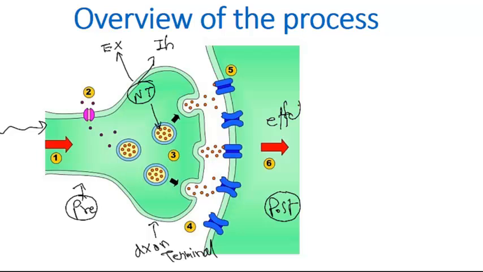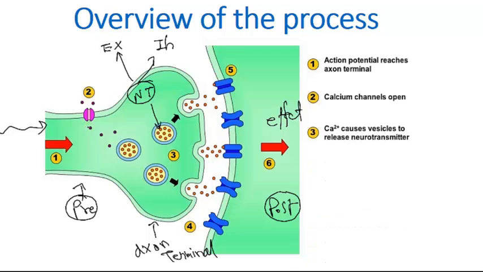That will cause the ultimate effect. The series of events simply starts with the action potential generation, and it reaches the axon terminal. Second, the calcium channels open. Third, once calcium flows in, it causes the release of neurotransmitters by vesicle fusion to the membrane.